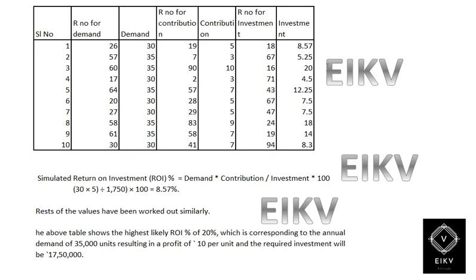So when we check here, the highest ROI is over here, which has 35,000 units.